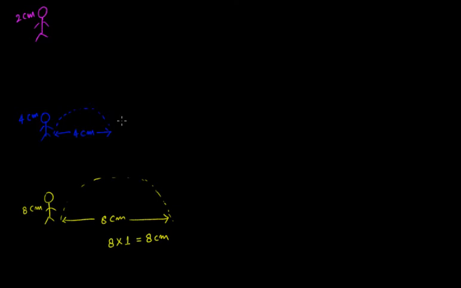Now person C in one step covered 8 centimeter. This person in one step covers 4 centimeter. So 4 is the step measure. It took one step, it reached a distance of 4 centimeter.